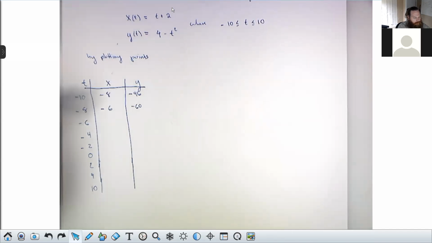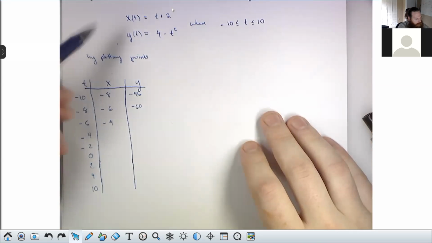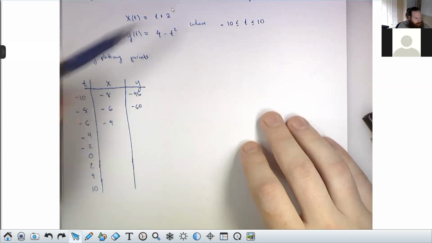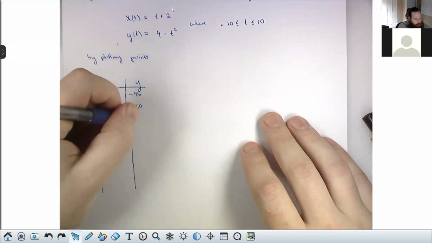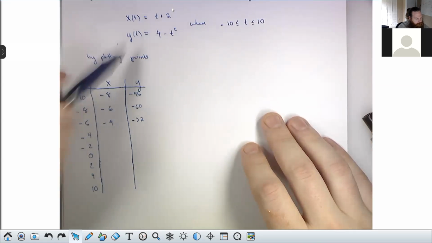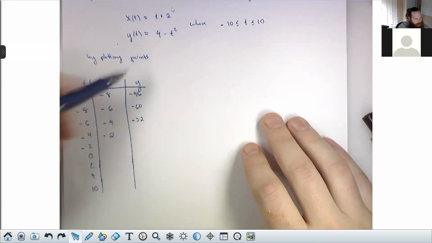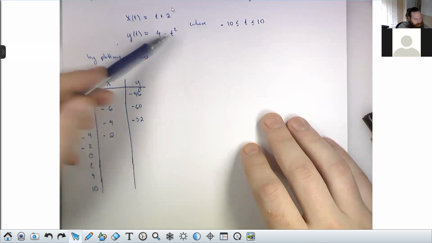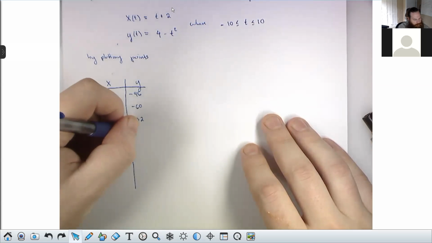If I plug in -6, -6 plus 2 is -4. -6 squared is 36. 4 minus 36 is -32. If I plug in -4 for t, -4 plus 2 is -2. If I plug in 4 for t, 4 minus -4 squared is 4 minus 16. That's -12.